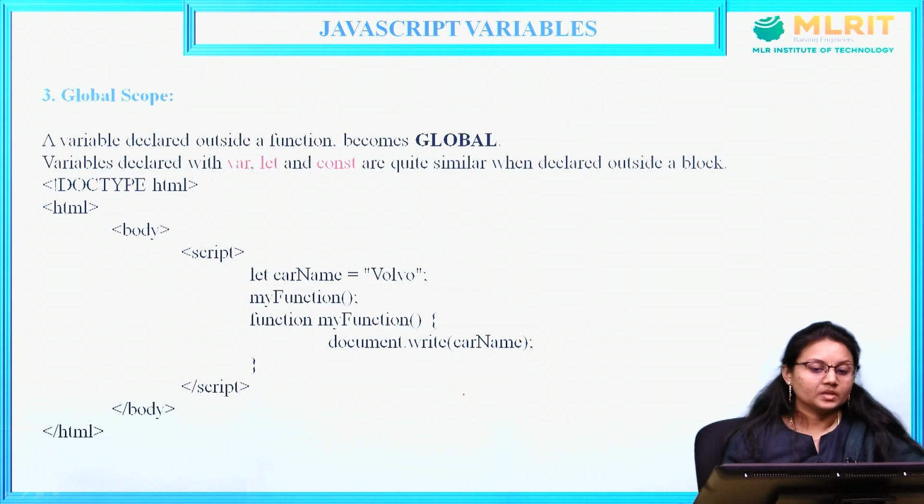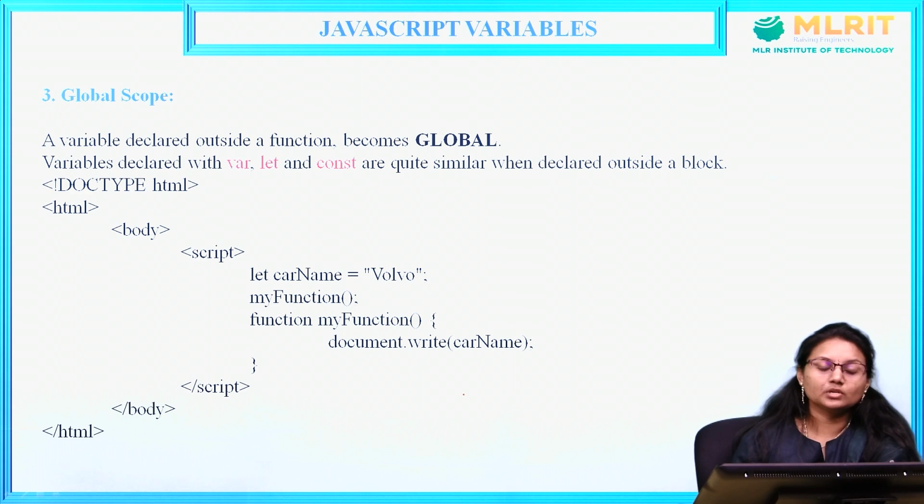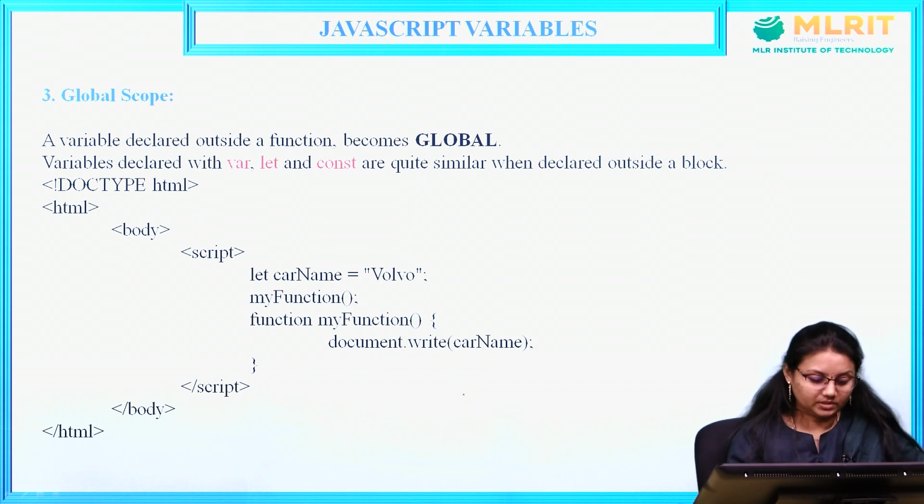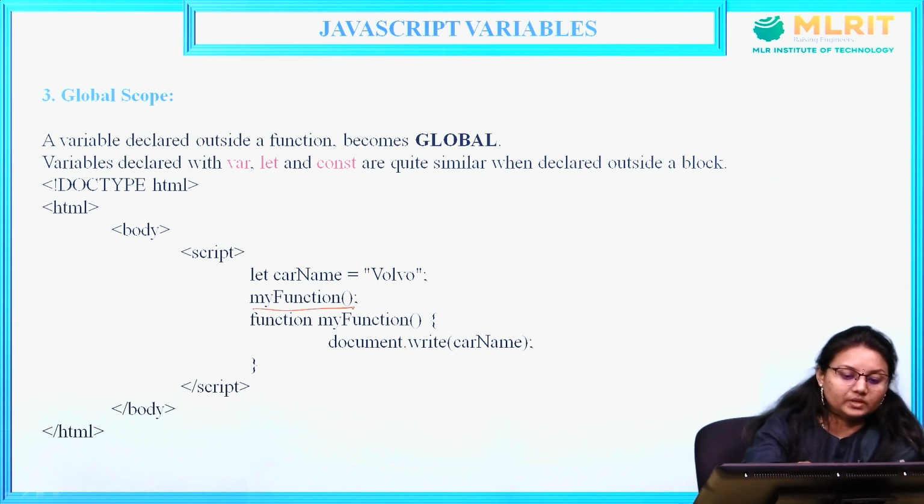Now what is global? Variables which are declared outside the function become global. That means outside the function. This is my function, and when I am declaring my function, I have not declared anything inside. When I call my function, it has to print the car name.